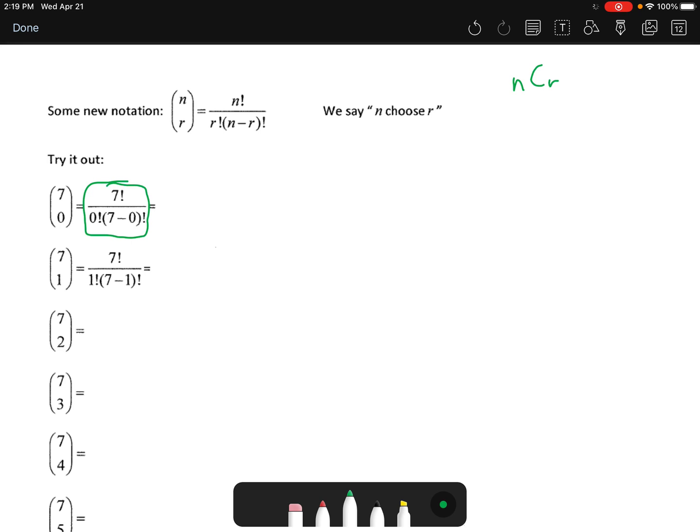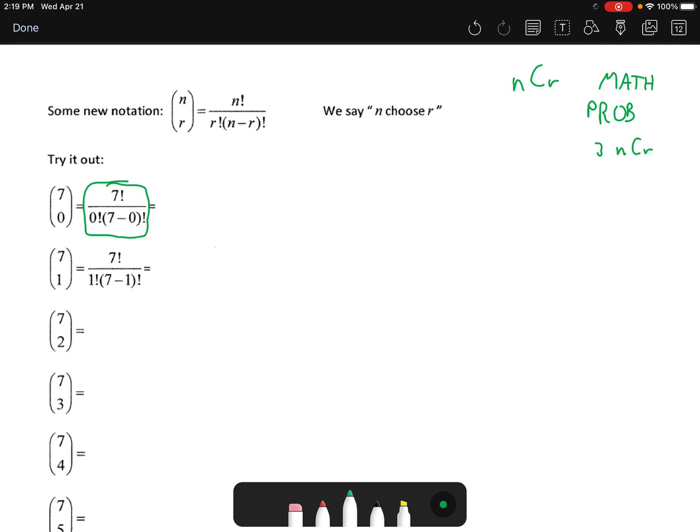Now, if you have a TI-83, I would Google it and figure out where it is. On an 84 or 84 Plus, it is under the math menu, under PROB, probability. And it's number 3, nCr.